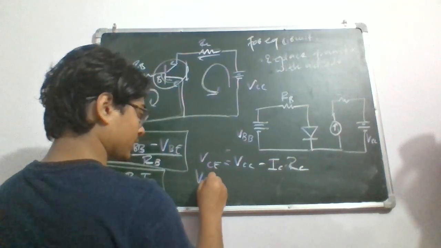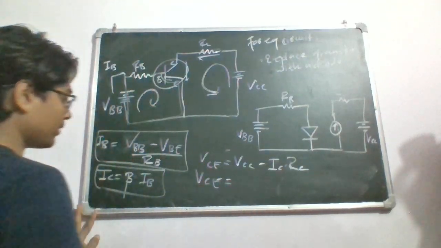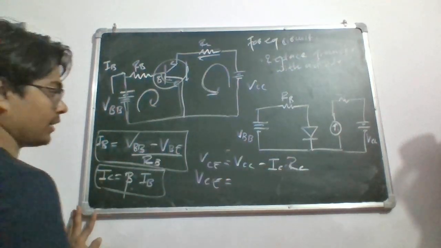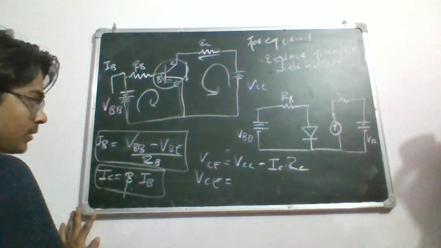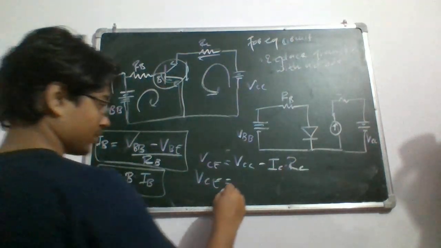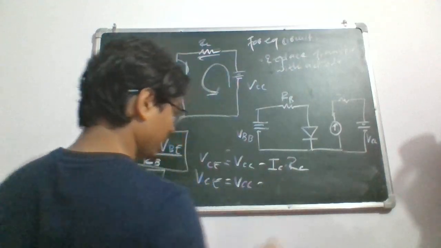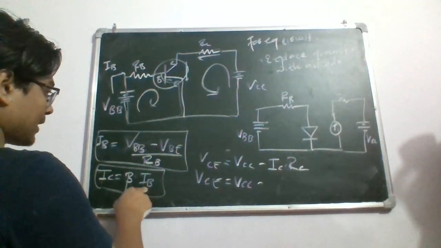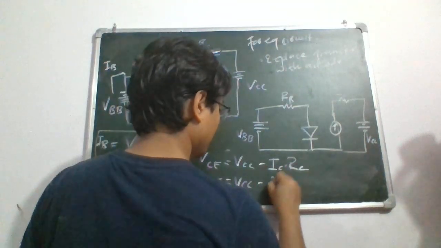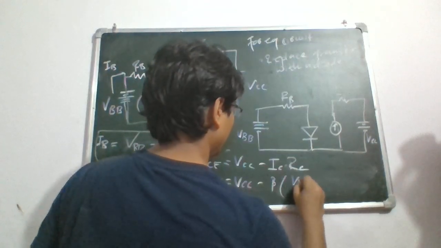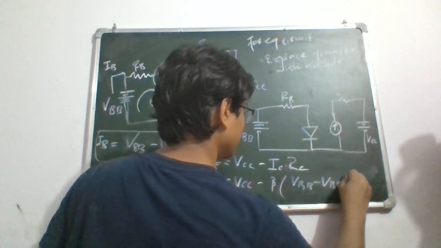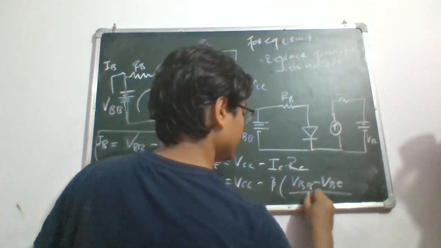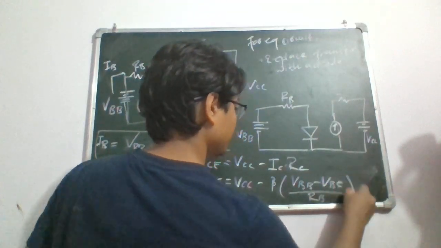Now if you apply the value of this here, then you would get something like this, which is VCC minus IC, where IC is beta times IB, that means beta times (VBB minus VBE) divided by RB.